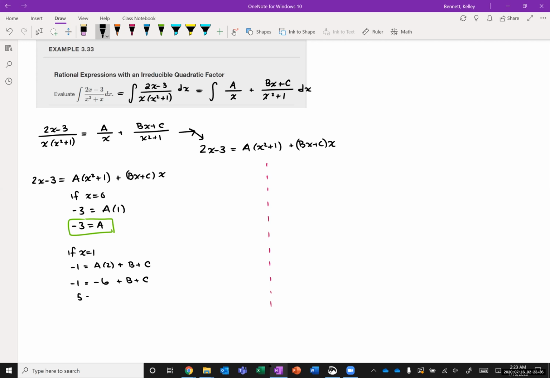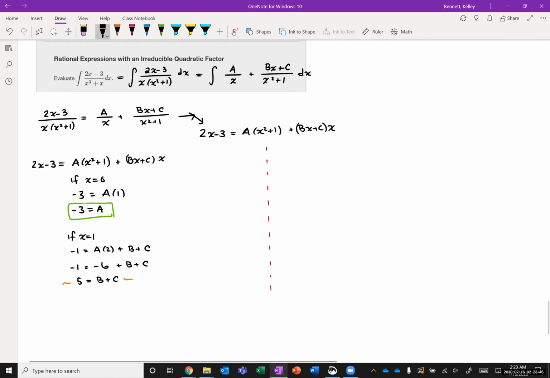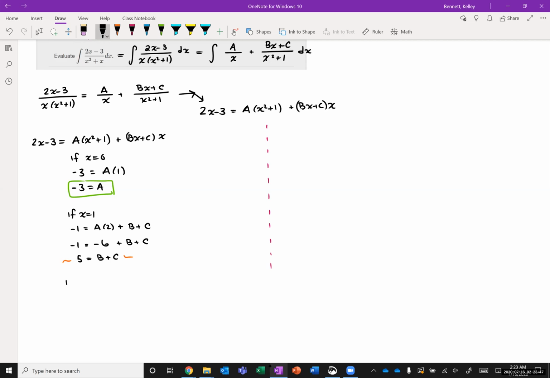So then I get 5 equals b plus c. And it's not terrible, but it's not great. So we'll do another one if x equals negative 1. If you're wondering why I stopped at 5 equals b plus c, it's because I have to, because I don't have anything else to do.